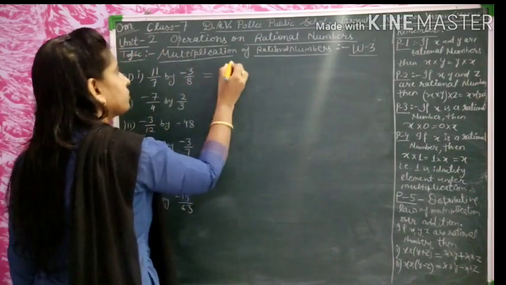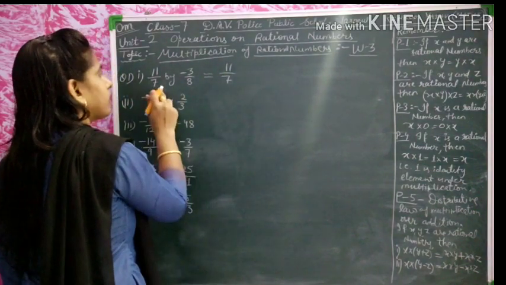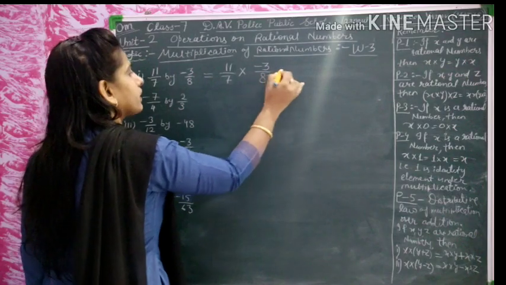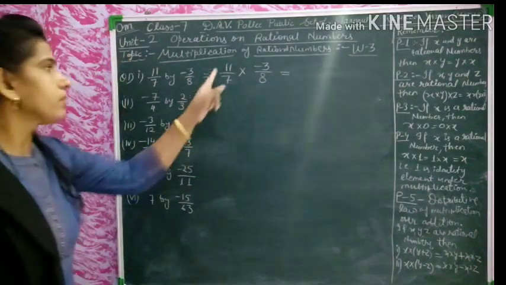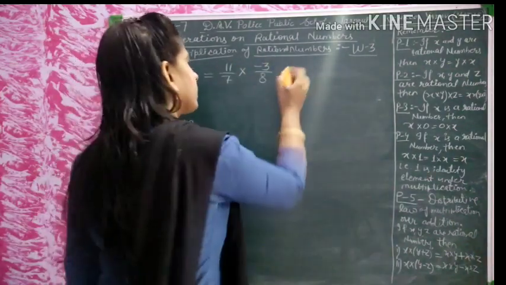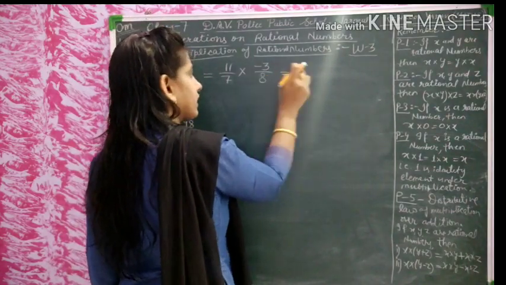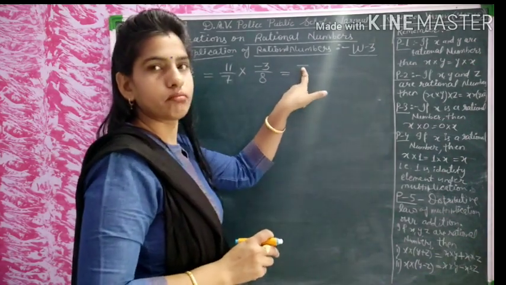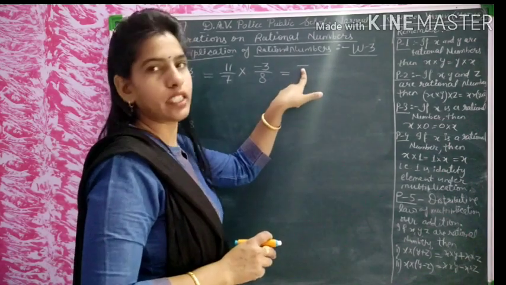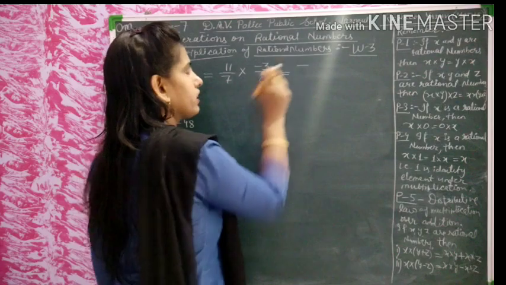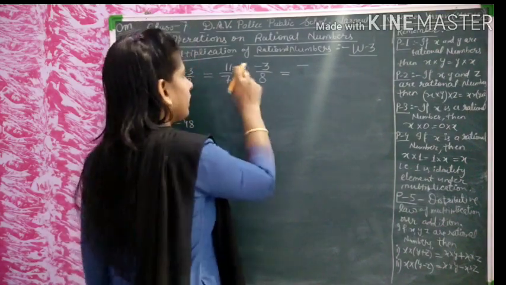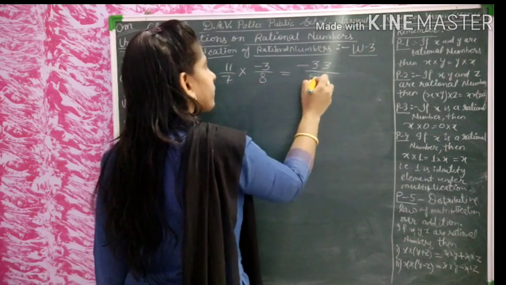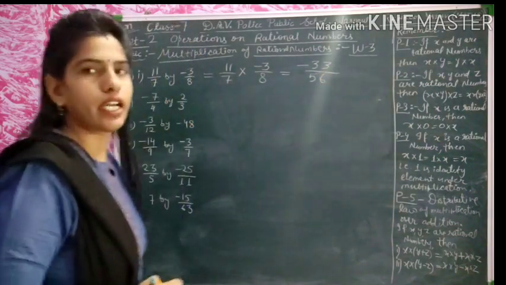Multiply the numerators; the sign is compulsory, it is necessary. You must note the sign here. There is one negative sign, so the answer is negative. 11 3s are 33 and 7 8s are 56. This is what we get.